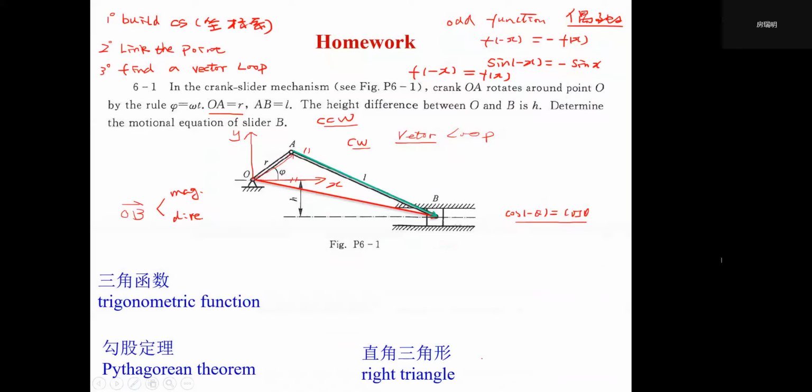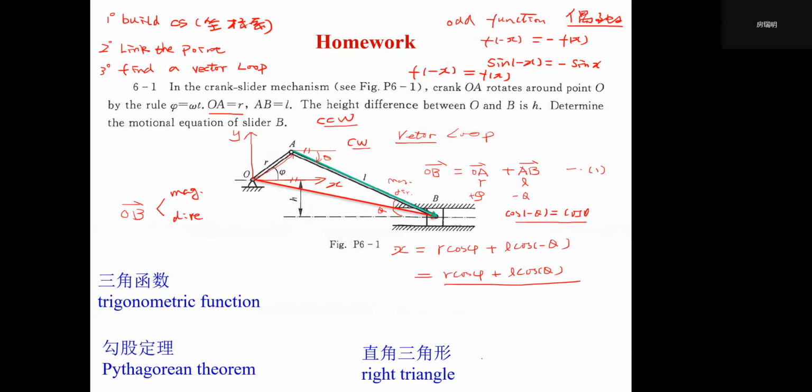I think you mean how we find this cosine theta, right? Because we guess this angle is theta. My question is, here we write L cos of minus theta. Can we write L cos only theta without the minus sign?